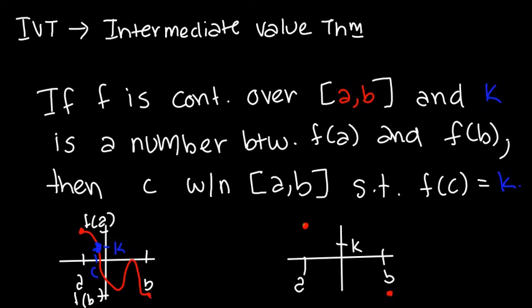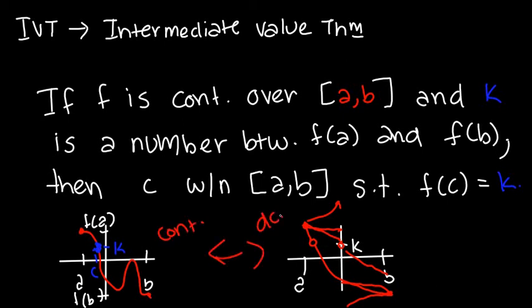To do it, we have to somehow skip over it by having a discontinuity, like an infinite discontinuity or a jump discontinuity. Somehow or other, it has to be discontinuous to skip over k. Otherwise, it has to include k. So this is a continuous graph. This is a discontinuous graph.